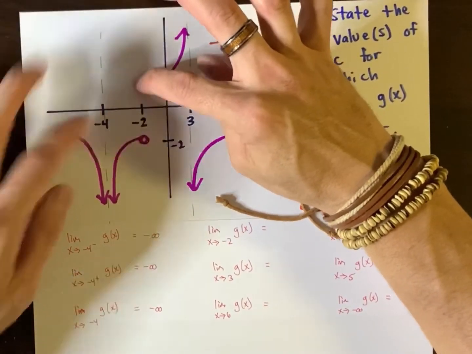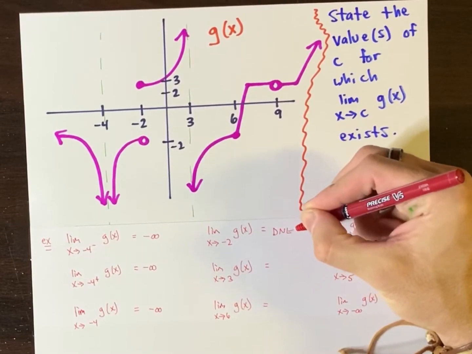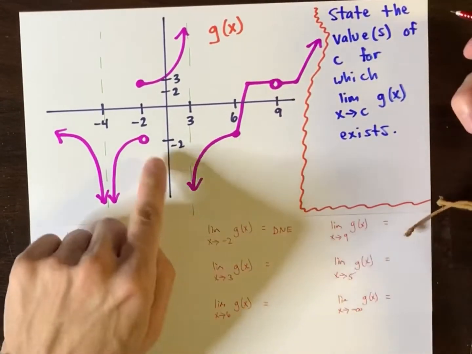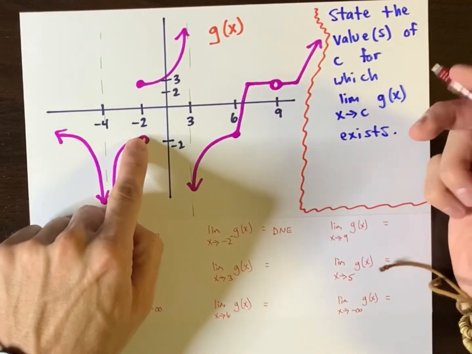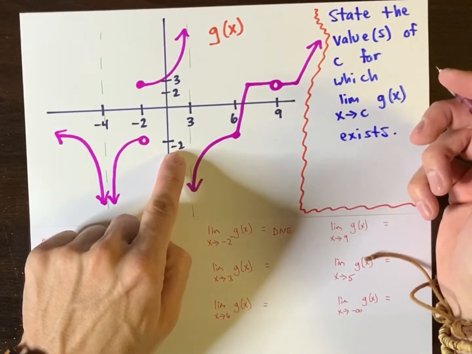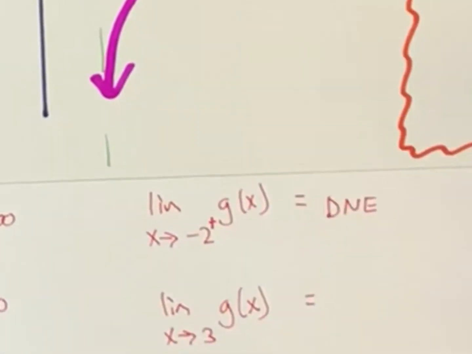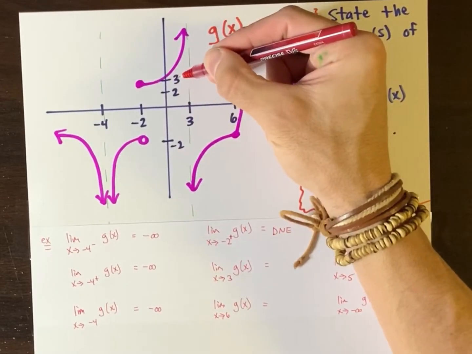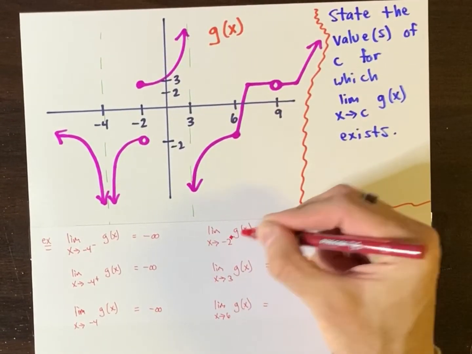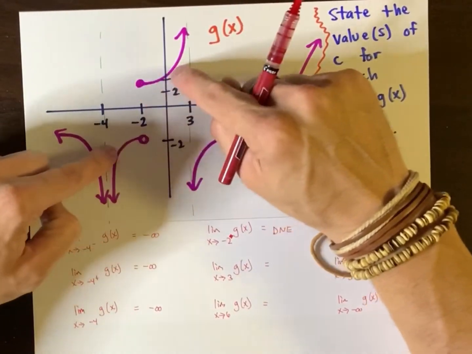So for that reason, the limit here at -2 does not exist. -2 from the left would have been a y-coordinate of -2, whereas -2 from the right, which is here, that would have been a y-coordinate of +3. But overall, from both directions, it doesn't exist because there is inconsistency in what we are approaching.